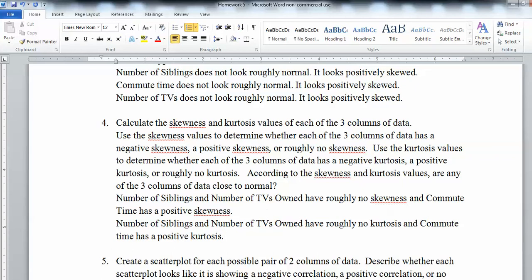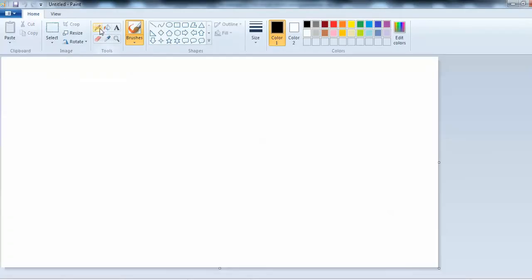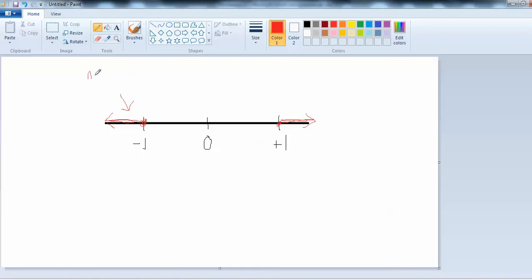So remember the guidelines that I showed you before? It looks like this. This is where you get a negative skewness.